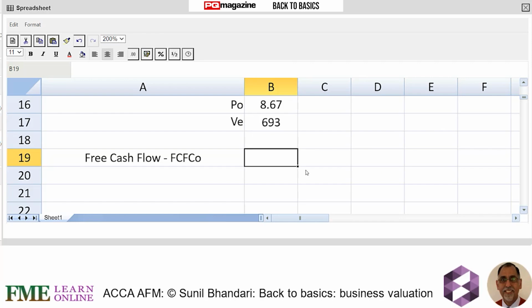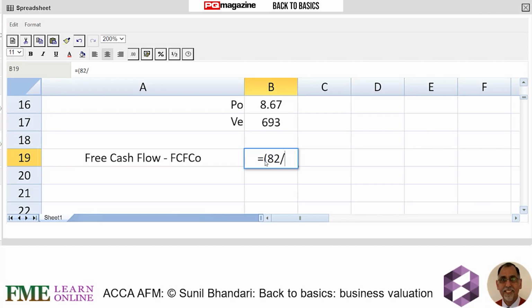Right, so let me go into my cell and press equals, open bracket. What is the current free cash flow? They've told us that the current free cash flow is 82 million. It's assumed that that will continue forever. Next year, year after, at the same number.